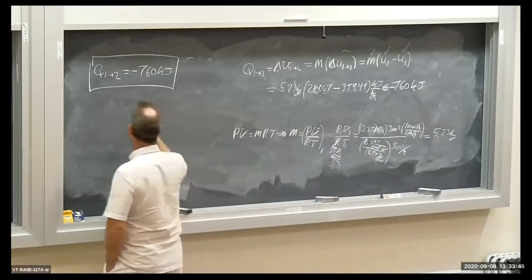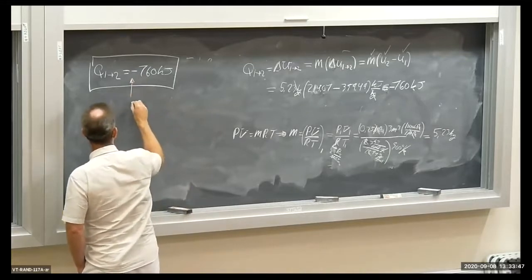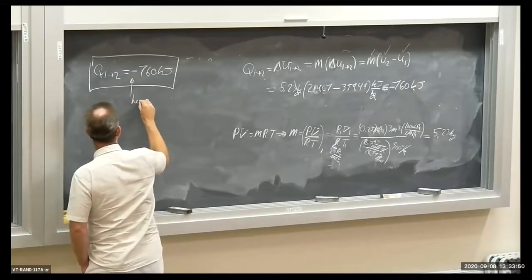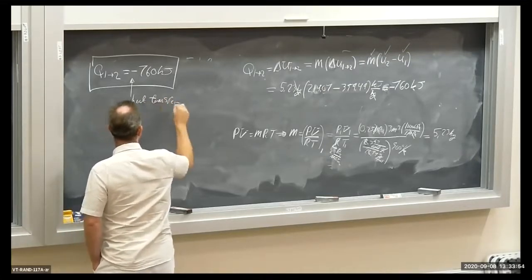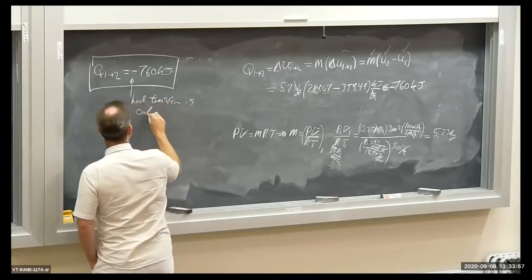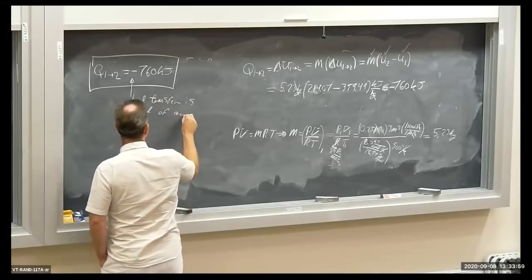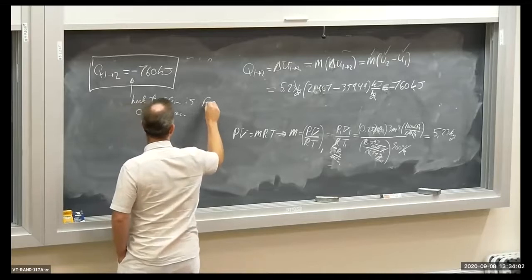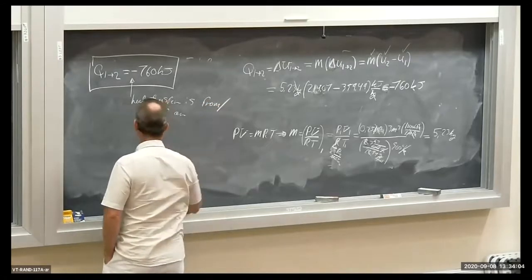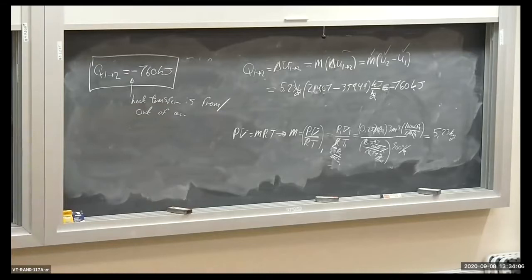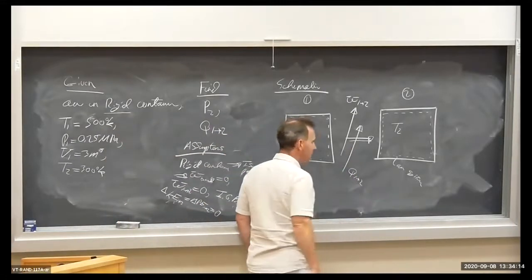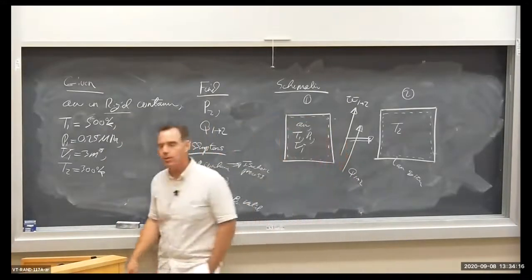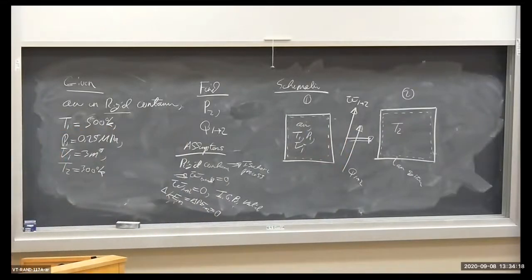Why the negative sign? Heat transfer is out of air. Heat is being extracted from the air, okay? We defined heat transfer as being in positive, so we got a negative sign, and what that means is heat is being transferred out of the system.